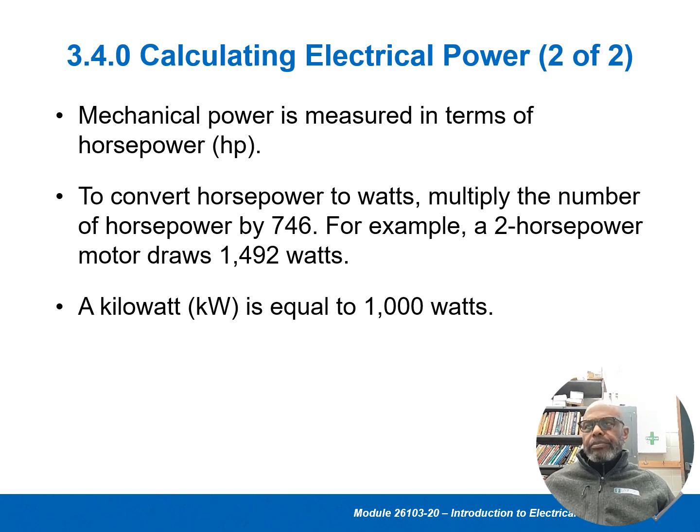So again, we could look at energy in many different ways. And one thing nice about energy is it's convertible from one form to another. So we can look at horsepower, which is another measurement of energy. And horsepower can be converted to electrical energy. For example, it takes 746 watts for 1 horsepower.